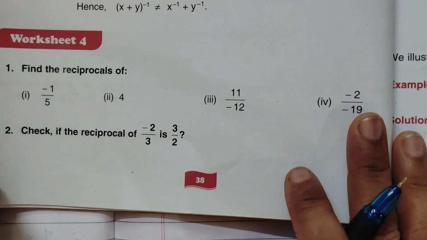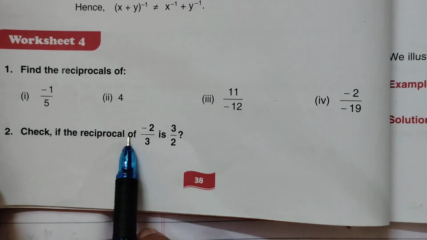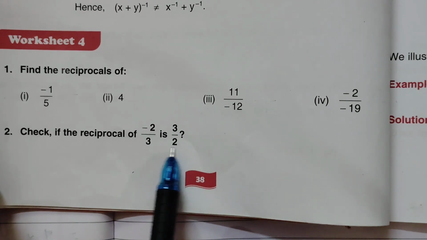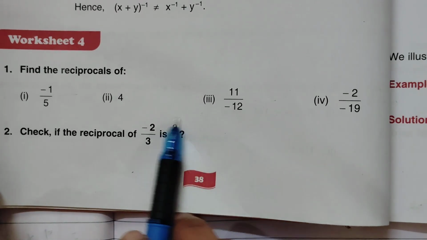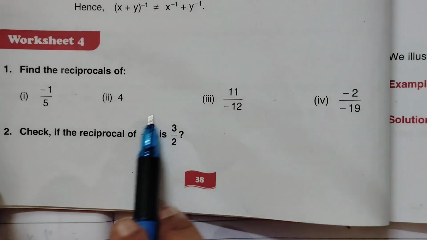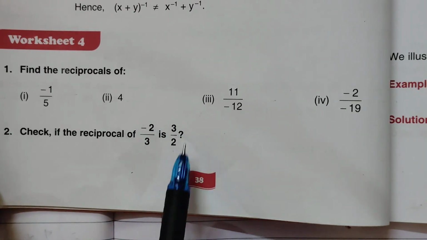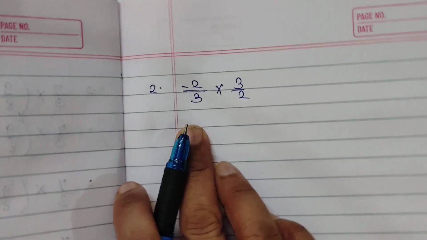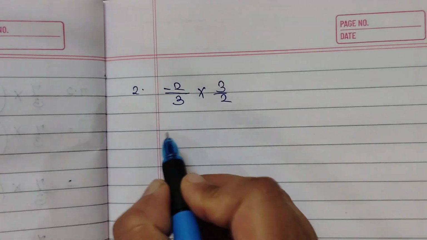Second question, check if the reciprocal of minus 2 upon 3 is 3 upon 2. We have to check. So what answer must we get? 1. If we get the answer 1, then it is the reciprocal. Okay, let's see. Minus 2 upon 3 into 3 upon 2.